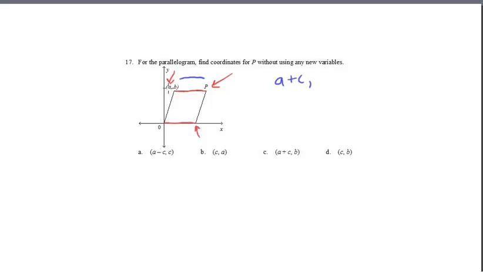Well, our y-coordinate's really simple because it's right here. So it's B. So my coordinates of P are A plus C for x and B for y. Hope that makes sense.